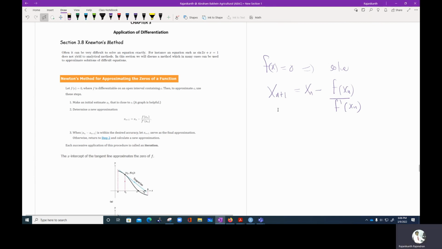So first of all, you need to guess the answer initially. Based on that, you move on to find a very close answer to the given equation.